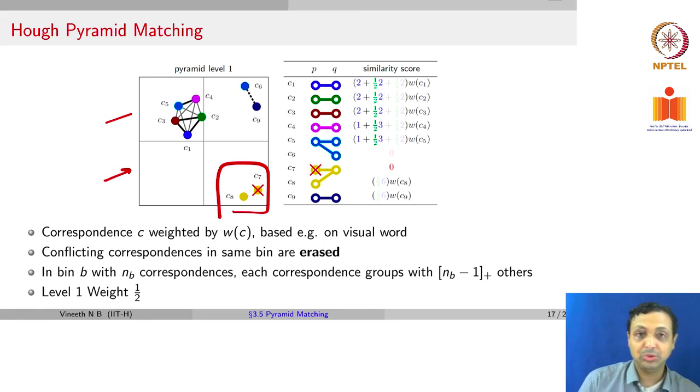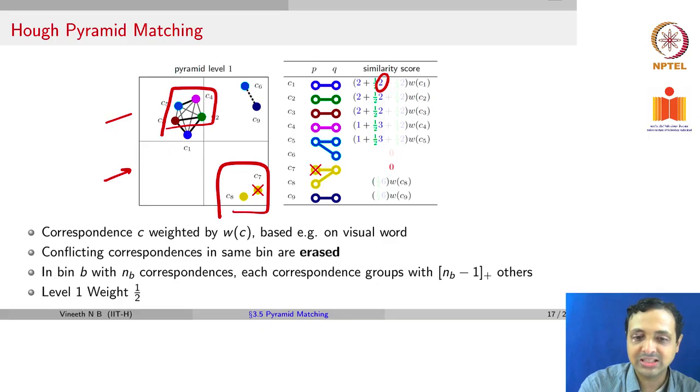Now in each of these bins you count the number of new correspondences that you have. C1 now has 4 correspondences, of which 2 were already counted in the previous level, so it has 2 new correspondences, which is what you're going to define for C1.